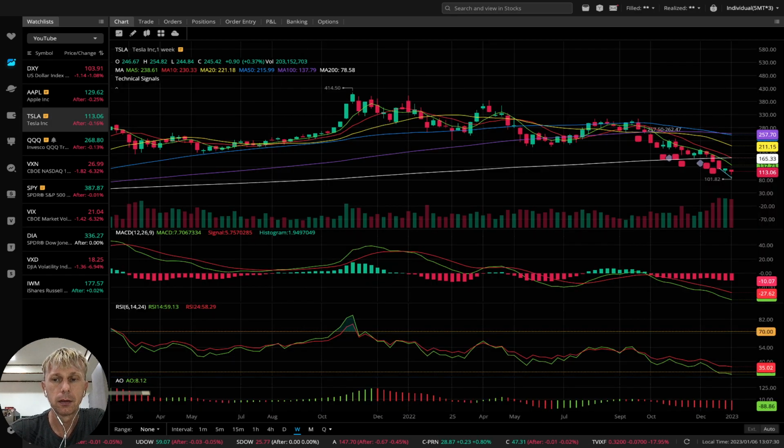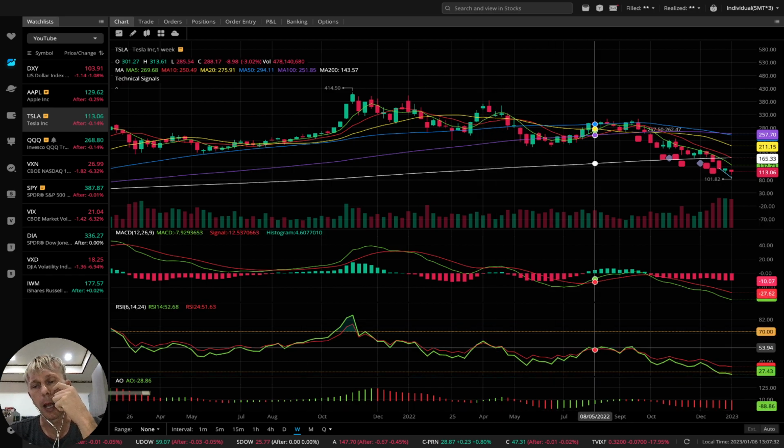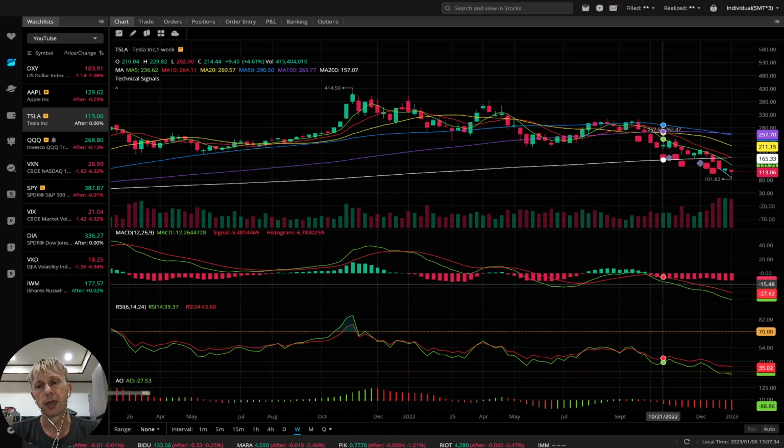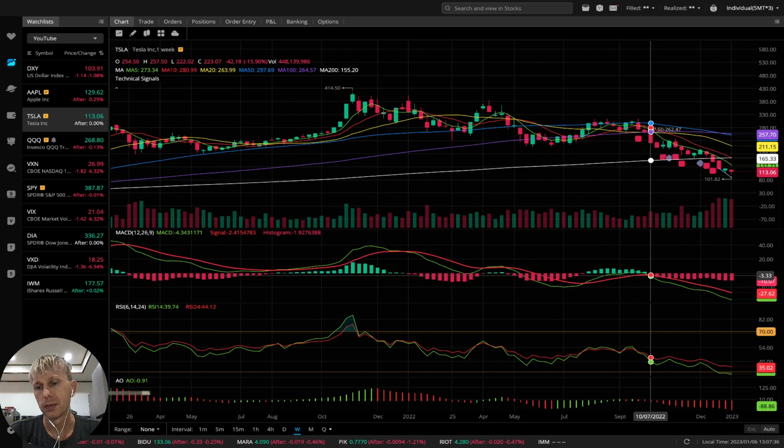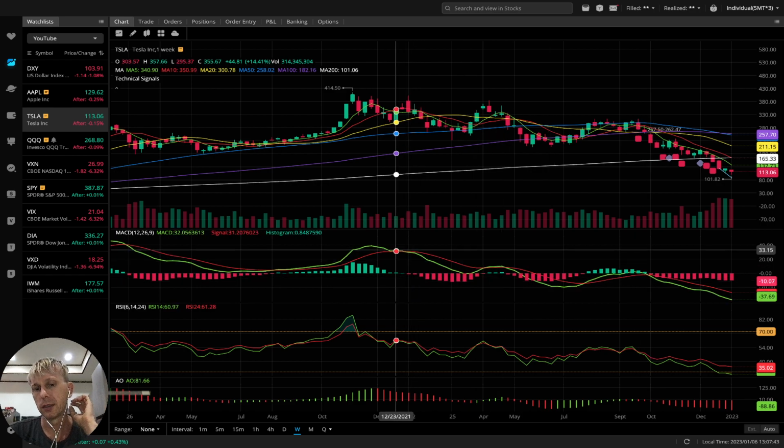Tesla weekly. Bearish trend on MACD since September. Actually, the bearish trend started here, from December 2021.